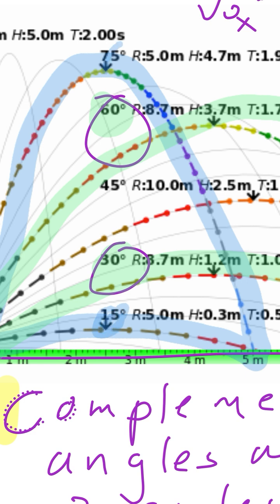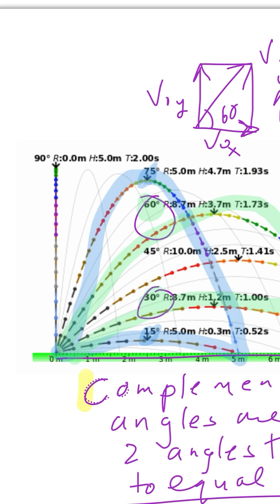Then 15 and 75. What can you see? What relationship between the angles gives you the same range for a given VO? They're complementary.